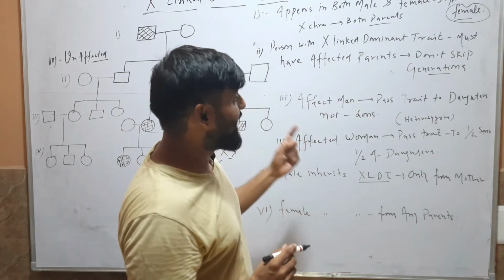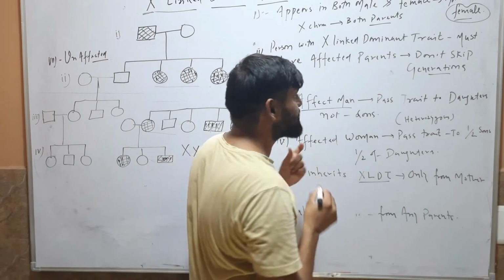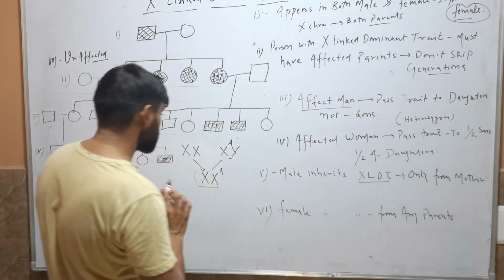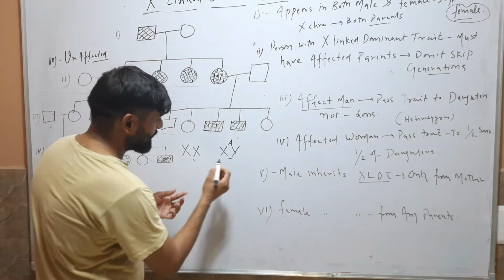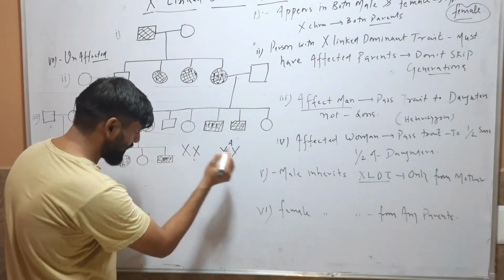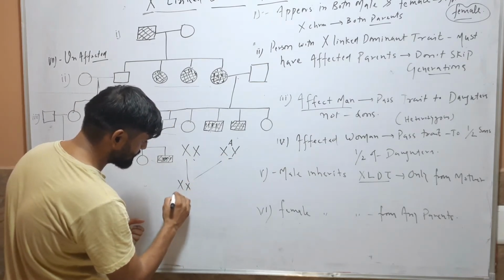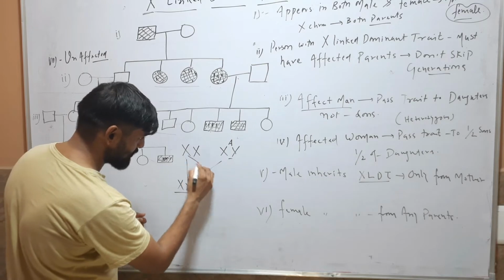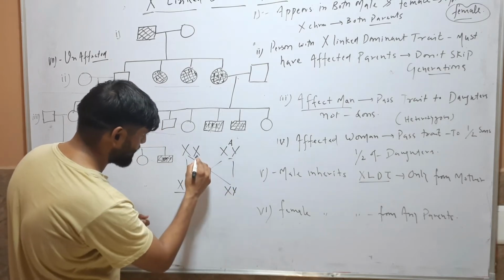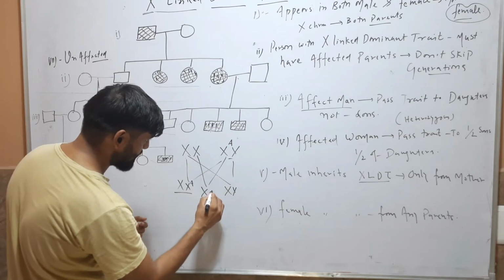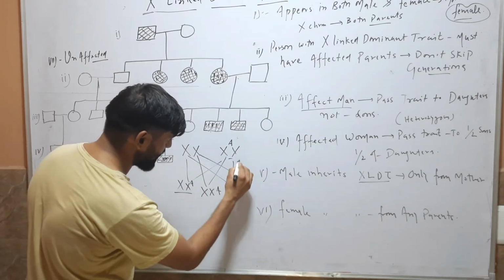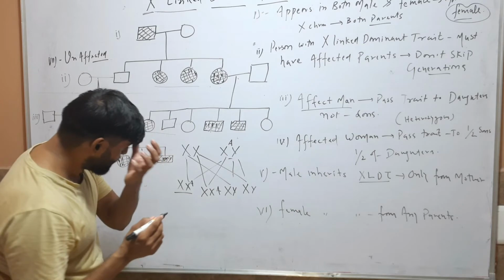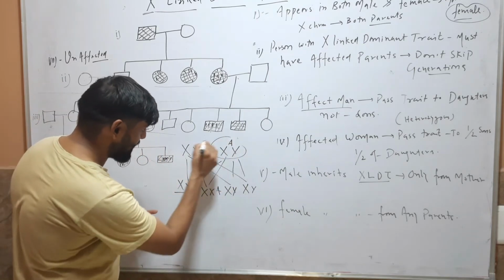Third one is affected man. If a male is affected, then he can pass the trait to only daughters. Suppose this man is affected. So here I am crossing X, X with X A, Y. Here you can see that this is the father and this is the mother.